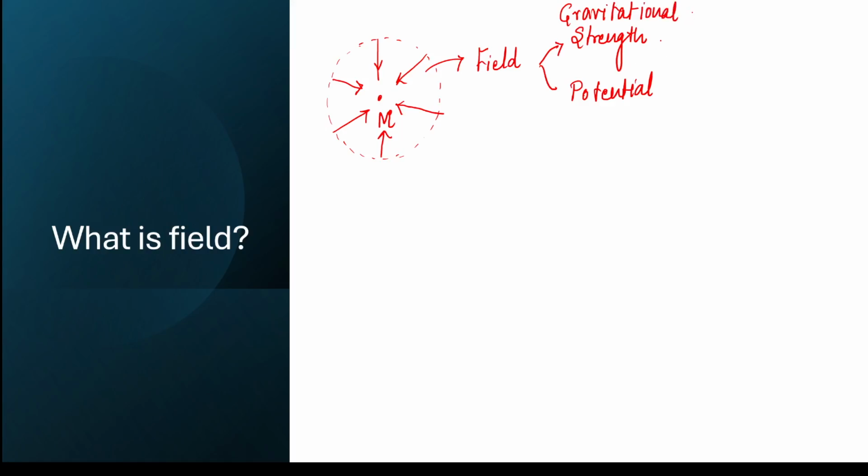It is sometimes noted by E and sometimes denoted by small g. This is a vector. And the other one, the potential, which is denoted by capital V, is a scalar. Both of them are used to measure the strength of the field. So we're going to first start with the gravitational field strength.